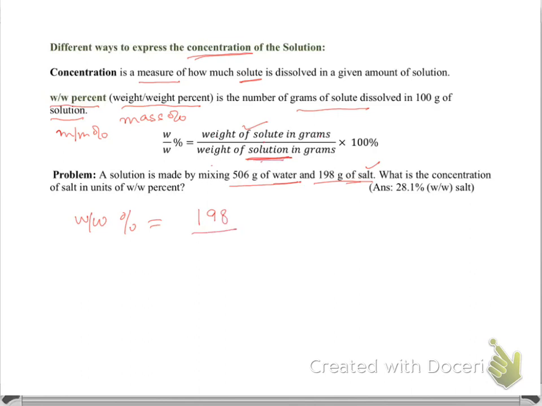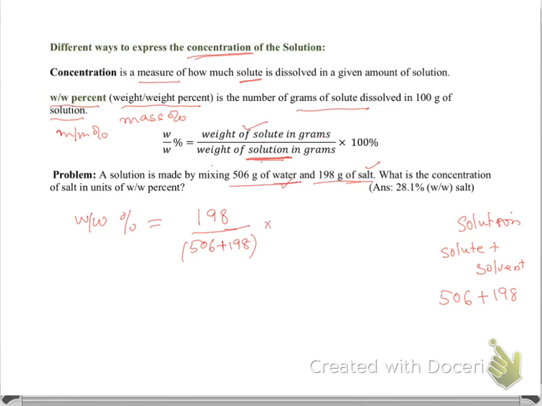Divided by weight of solution. Water is not a solution, water is a solvent. Solution means solute plus solvent. So to find out the weight of solution or the mass of solution, you have to add these two numbers. So here I'm going to have 506 plus 198.